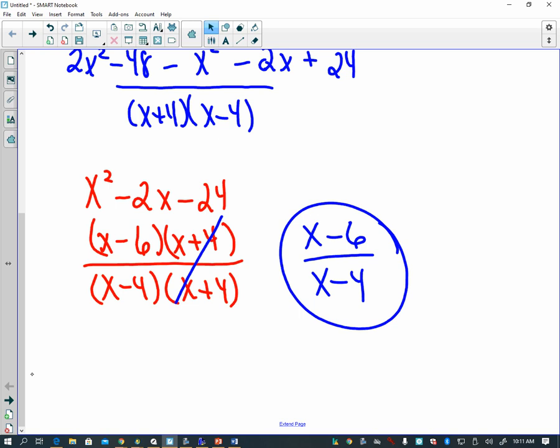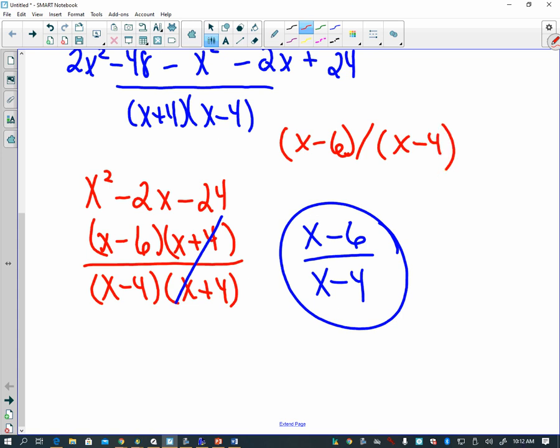On a question like this, it would likely be multiple choice because it's really hard otherwise. I could make you type it in, something like parentheses x minus 6, close parentheses, slash, x minus 4. I could make you type that in, no thanks.